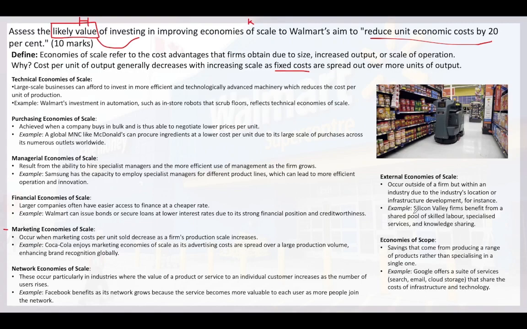And then we've got economies of scope. In the Walmart case study, I've put Google as an example here, but in the Walmart case study, they're going into pharmaceuticals, they're going into finance. So if you imagine you've got the massive buying power of Walmart, but they've also got massive buying power for pharmacies now, instead of letting another company come in to run their pharmacies.